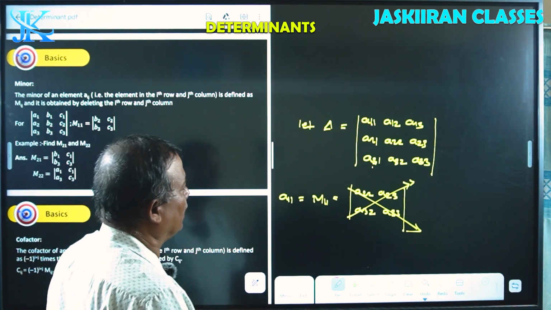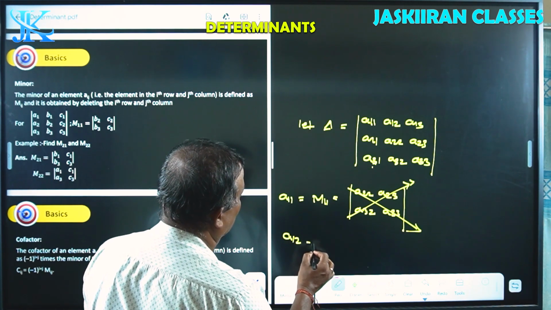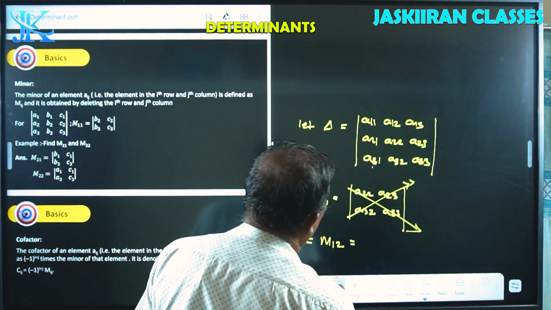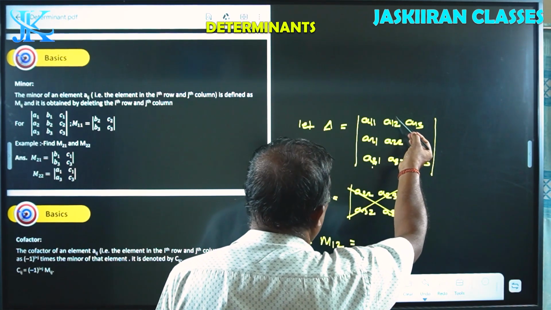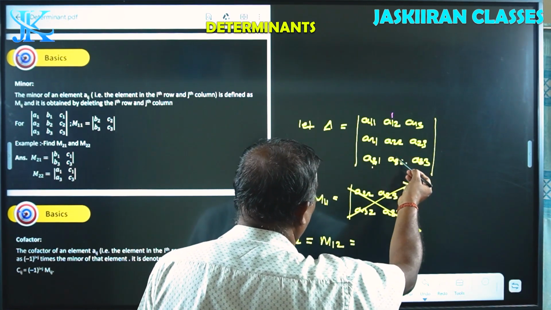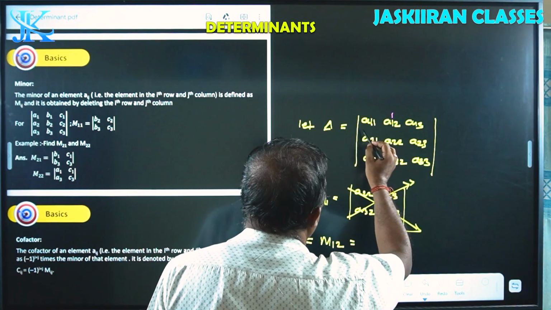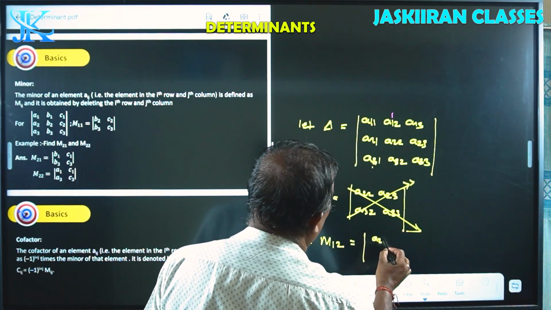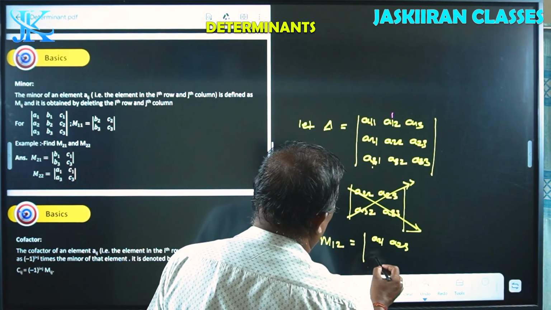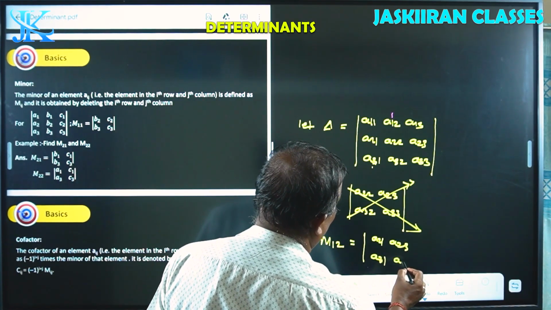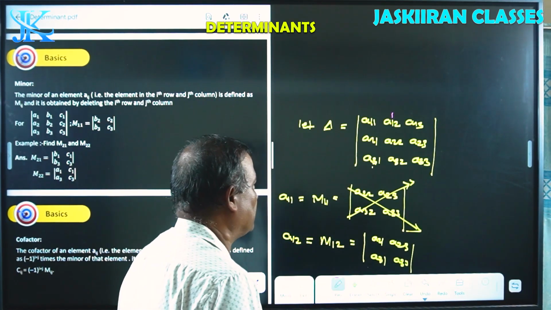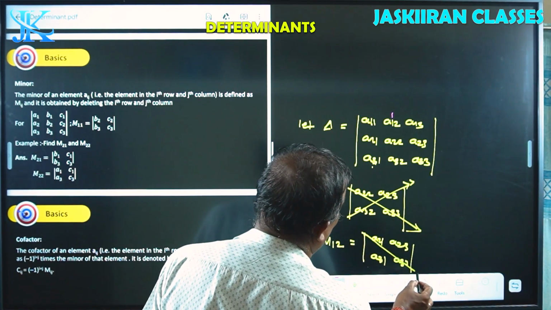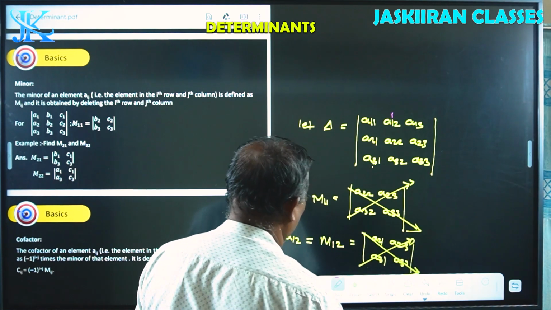Similarly, the minor of A12, written as M12: we delete the first row and second column. We get A21, A23, A31, A33. Now expanding M12 equals the principal diagonal minus the secondary diagonal.